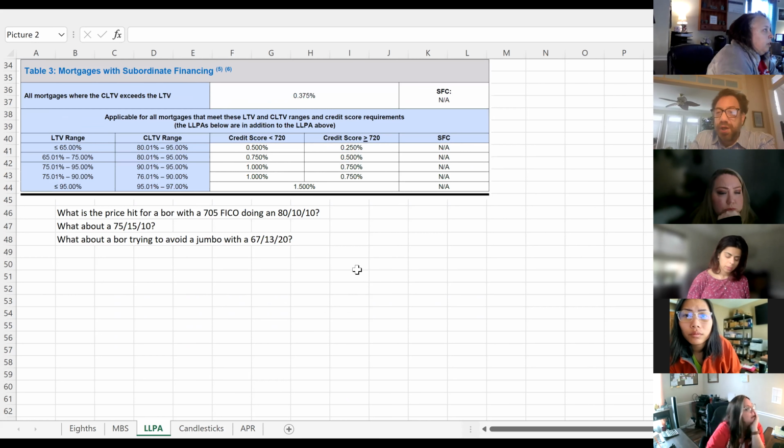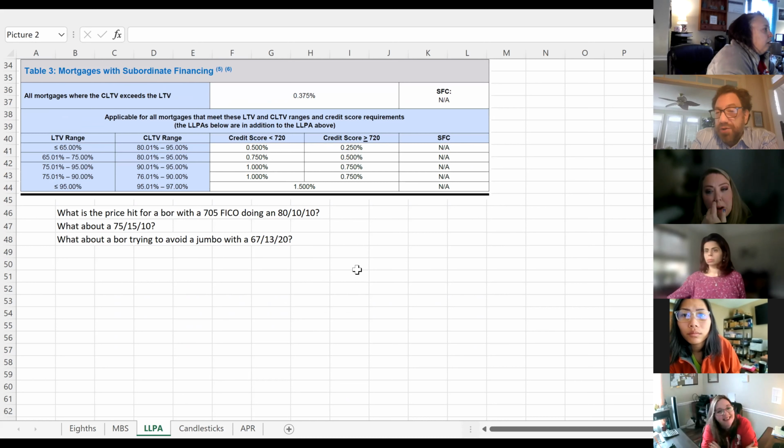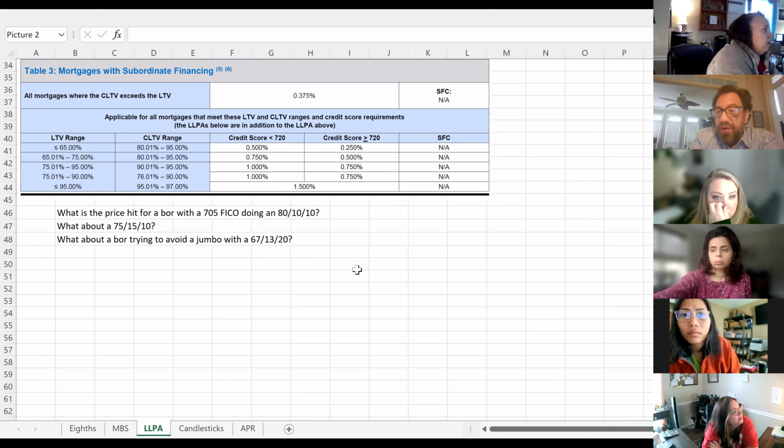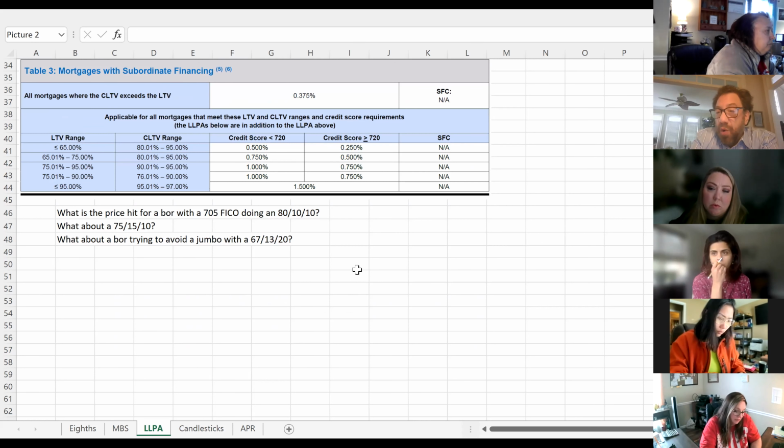This is tricky. Who's done a piggyback before, first and second together? Yes. I've done DPA, that doesn't count though, right? Now, where they do a HELOC. So there's a number of reasons to do a HELOC. You can do a piggyback HELOC to avoid mortgage insurance, or let's say you have a large loan amount and the jumbo rates are a lot higher.